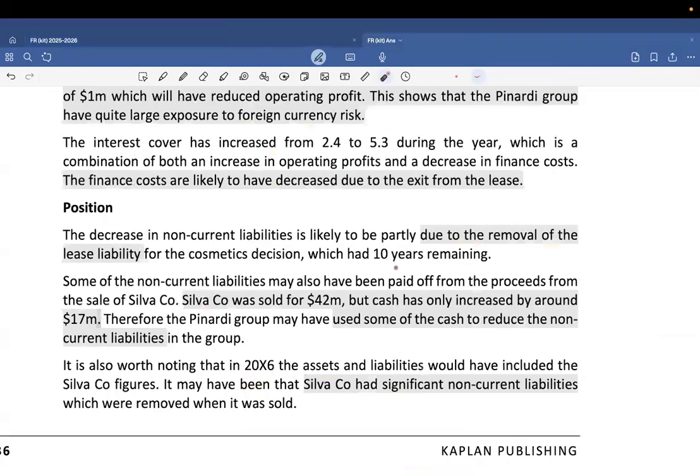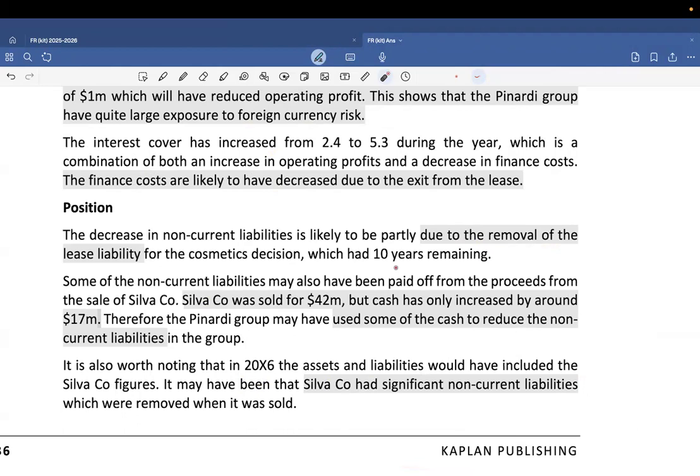No. So that means Pinardi company has used a particular amount to pay off their debts. That is why there is a proportionately high decrease in non-current liability as compared to just removing the lease liability from the SOFP.